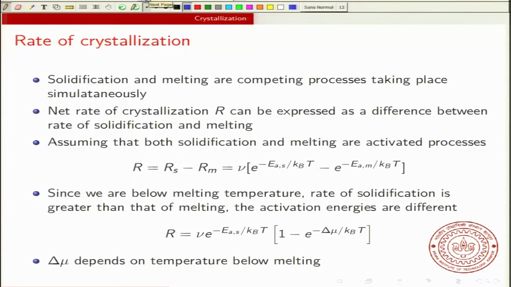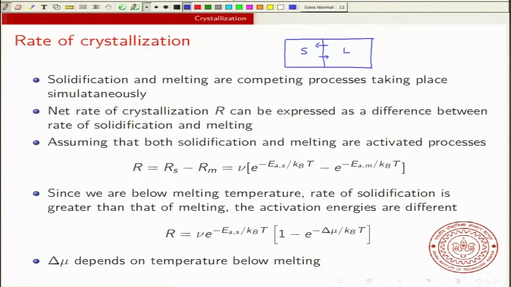So it's probably best to show this through a little illustration. If you have a system, and on this side you have a solid and here you have a liquid, imagine that some part of the system has become a solid and some part has become a liquid. Now what is happening is that some of this liquid is getting converted to solid and some of this solid is getting converted to liquid.